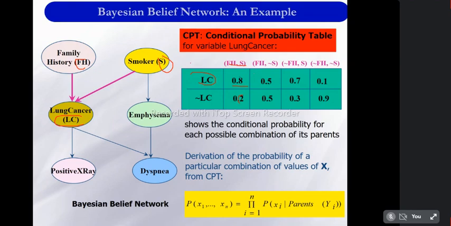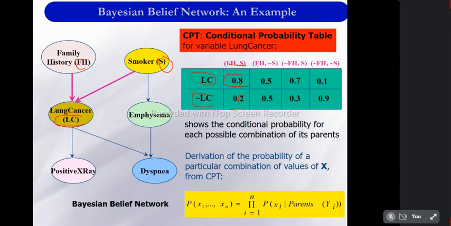Smoker or family history having lung cancer has a probability of 0.8, but the person having no cancer is 20%.